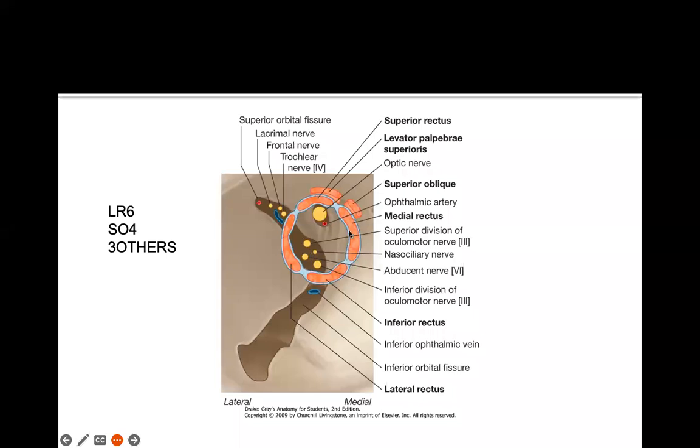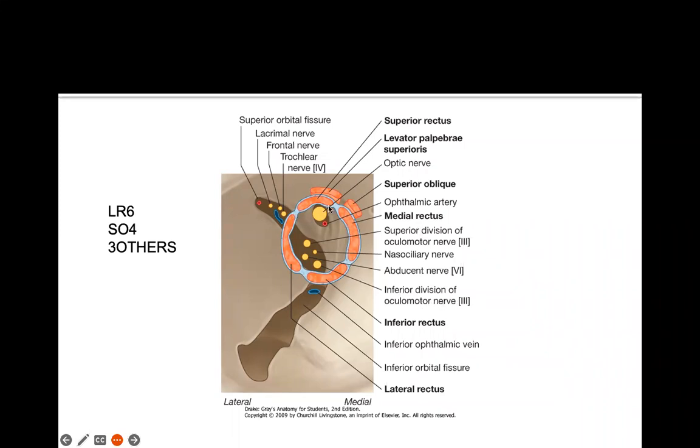So this time around, you see that this circular arrangement is encircling the optic canal and then the inferior portion of the superior orbital fissure. So let's look at the content here. So you have the superior division of the oculomotor nerve, the nasociliary nerve, the abducent nerve, and then the inferior division of the oculomotor nerve.